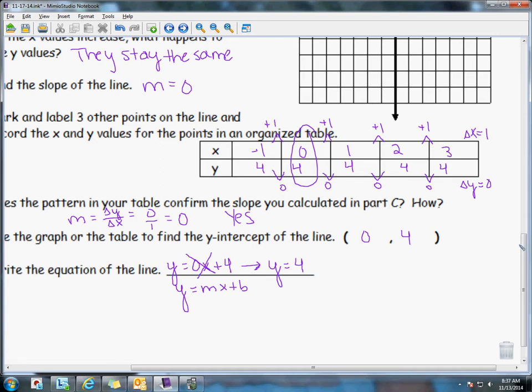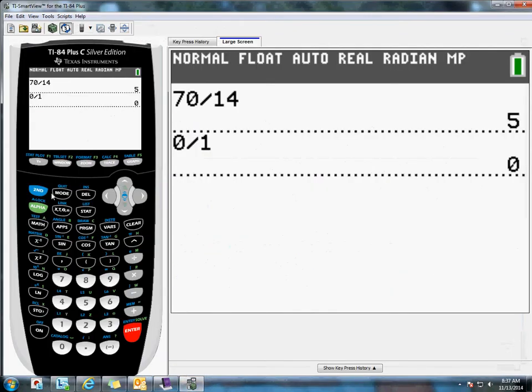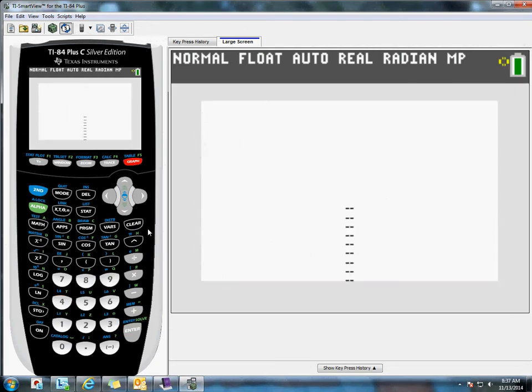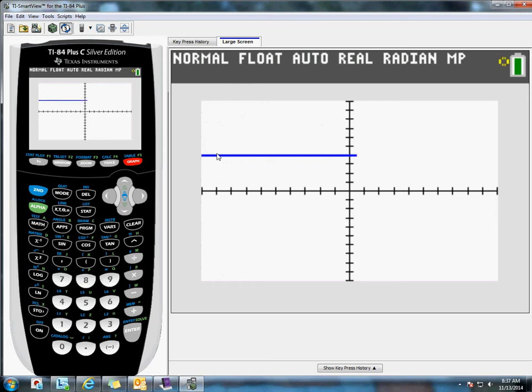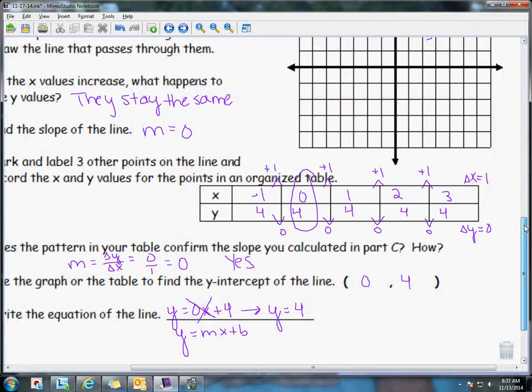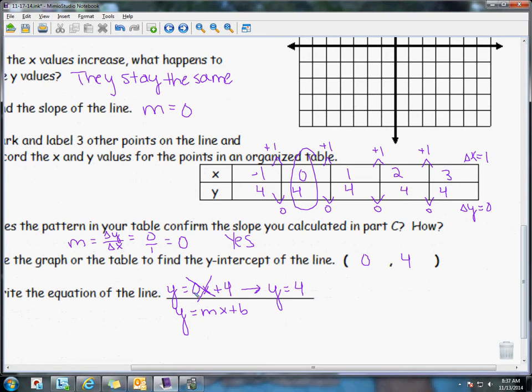A good way to double check is to type y equals 4 into the calculator. When you graph it, it should look like the graph that we have. It's just a straight line right across, and it goes through the y-axis at 4. If it doesn't match up, then make sure your slope is 0.